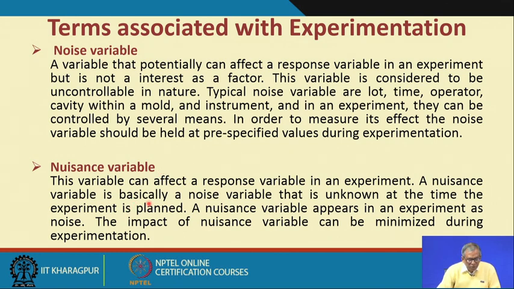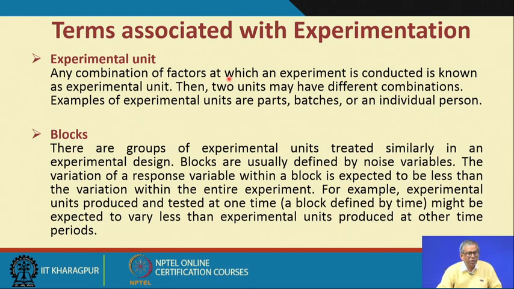A nuisance variable is basically a noise variable that is unknown at the time the experiment is planned. During the experiment you come to know that here is a variable which you cannot control. So the first time a nuisance variable appears in an experiment it is as a noise, and its impact can be minimized during experimentation. That is one of the objectives, definitely.